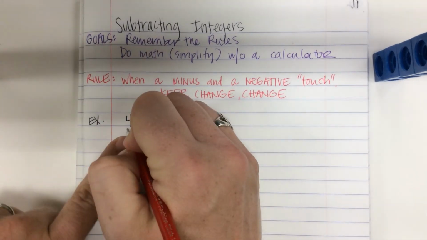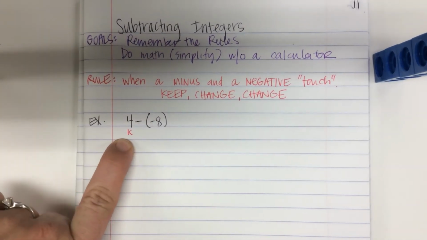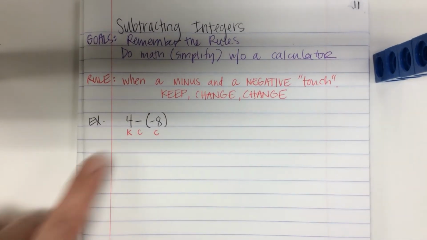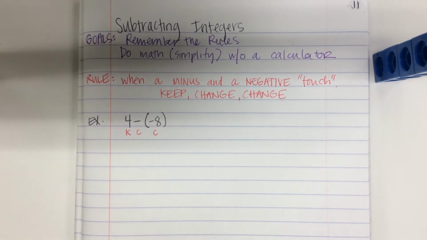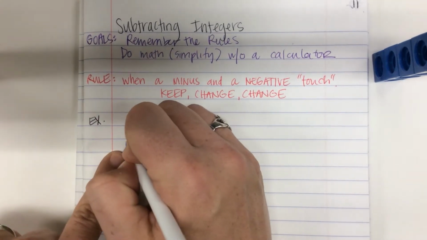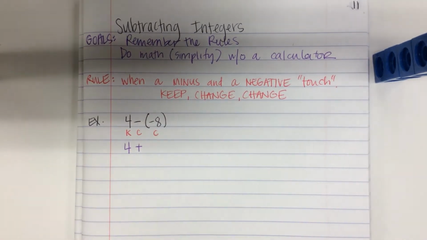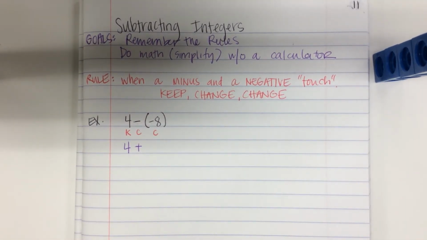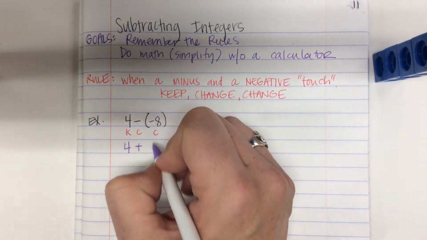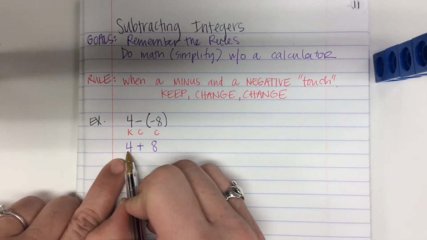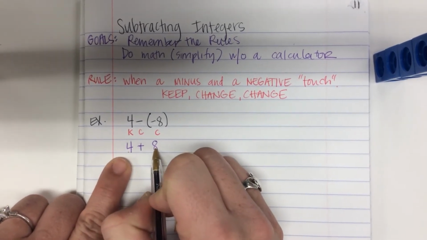So I'm going to put a K under the first, keep, change, change. Keep the 4. I change the minus to a plus. And I change the negative 8 to a positive 8. Can you do 4 plus 8? Yeah. What is it? 12.